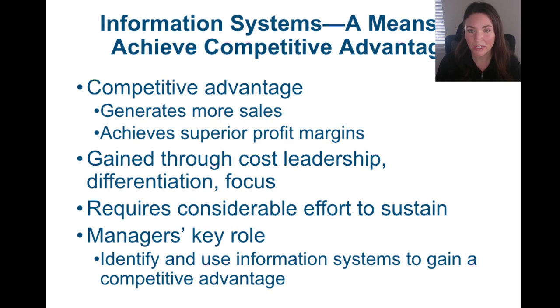By differentiation, that is charging higher prices for products that the customer perceives as being better. And then the third one is focus. So by understanding and servicing a target market better than anyone else.